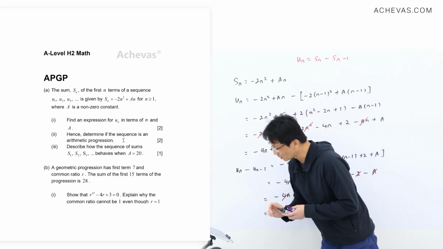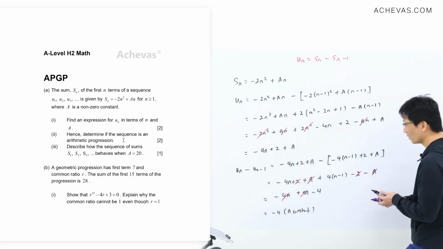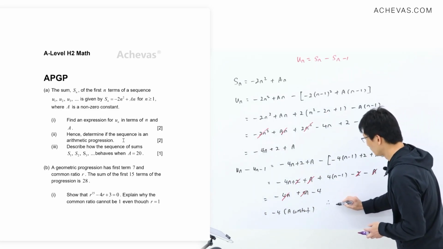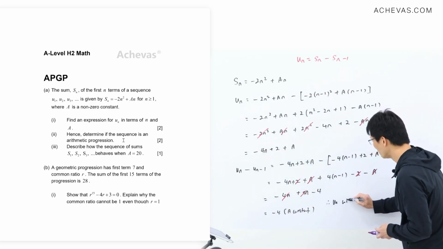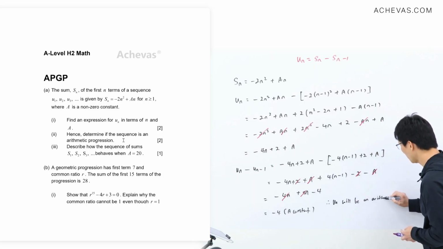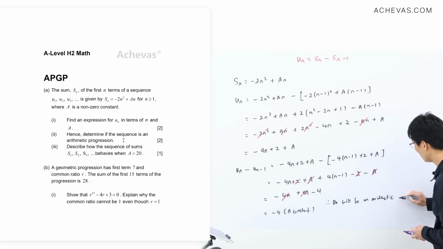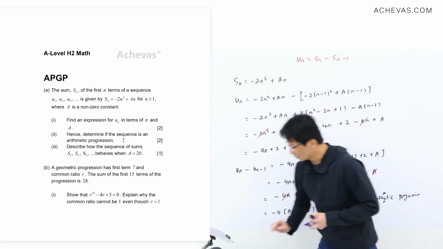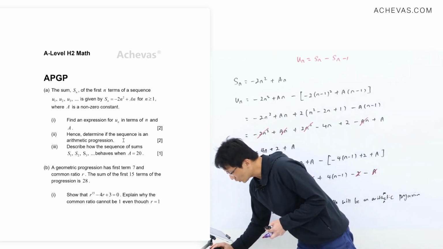So we can do our conclusion. Therefore, un is an arithmetic progression. That will be my part 2 of this question.